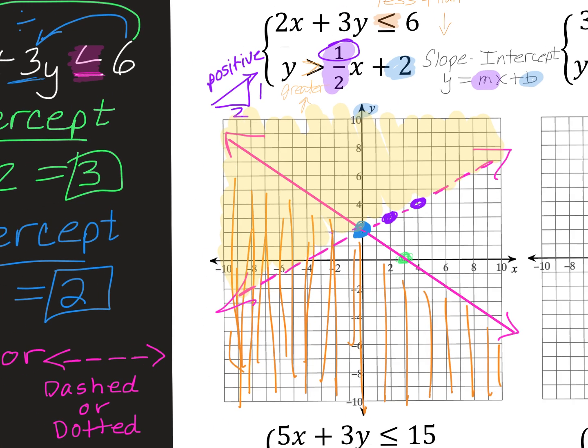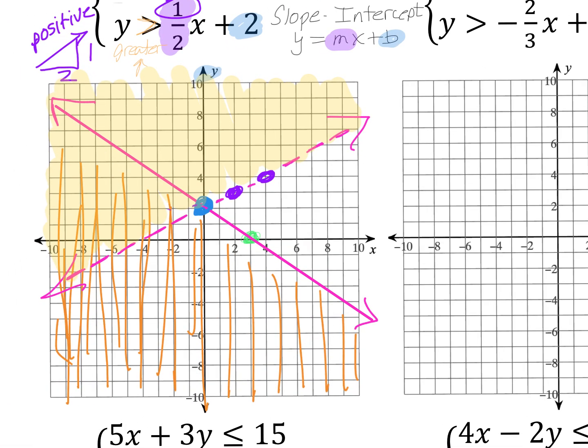And so what does it mean to identify a solution to a system of inequalities? Well, the solution to a system of inequalities is going to be this spot right here where you see both the orange and the yellow.